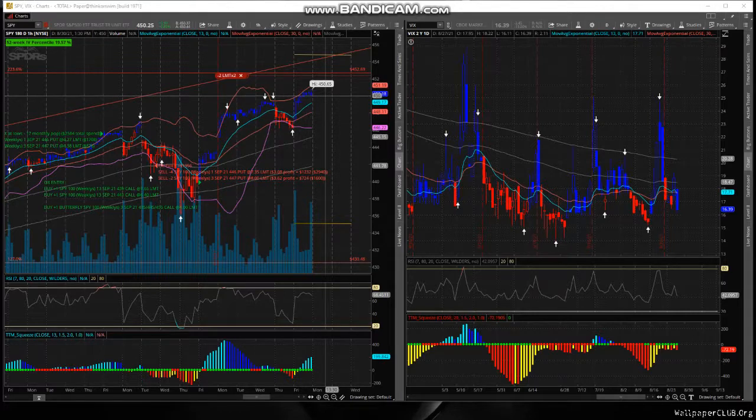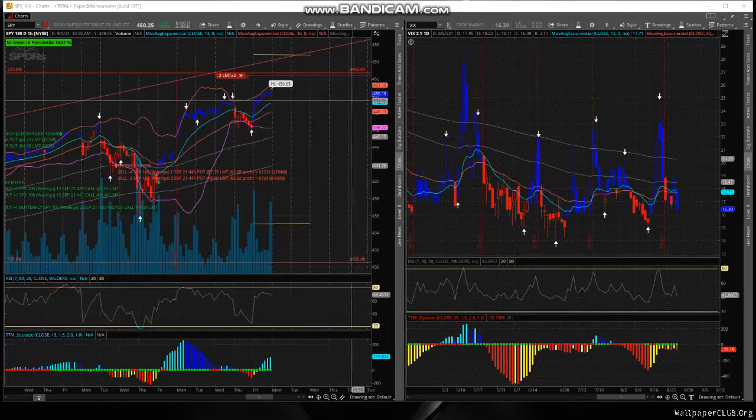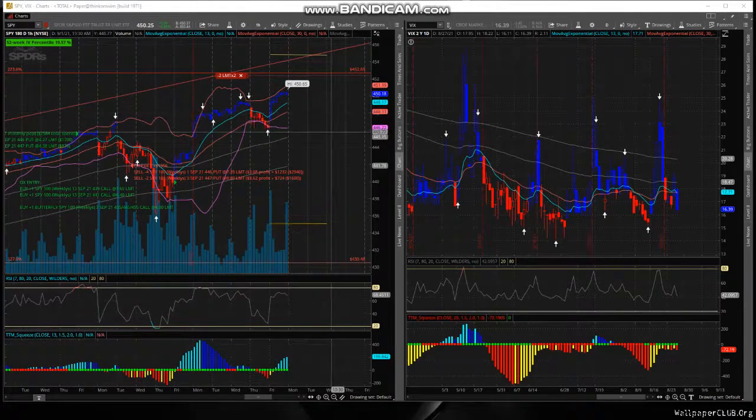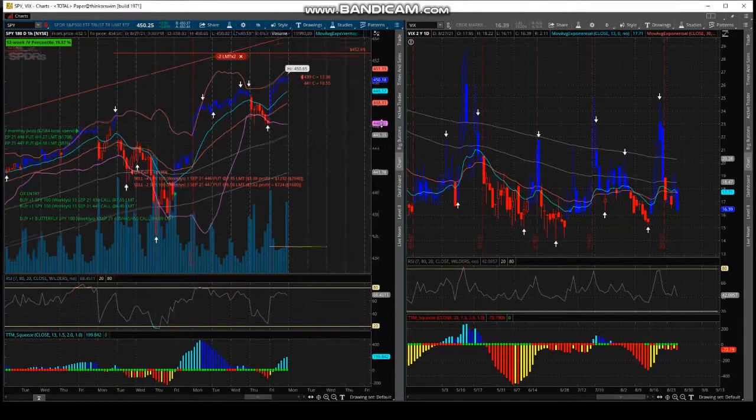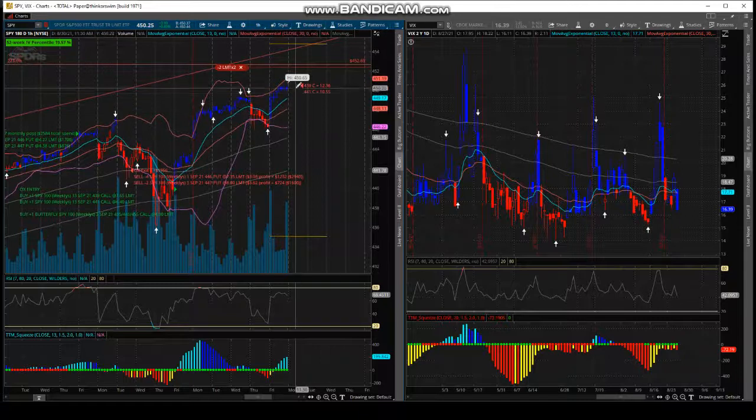I might have to close out for a $20, $50 loss. I will see. It expires this Friday, so I will see how it goes over the next couple of days. So basically at $450 on the S&P 500, that is my butterfly break even.